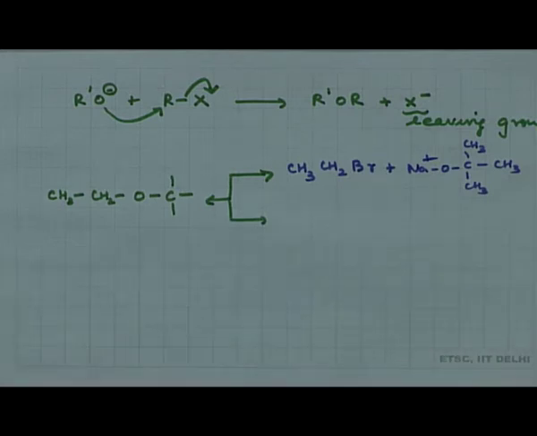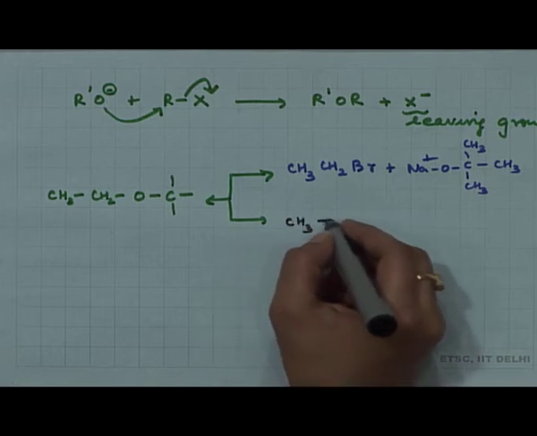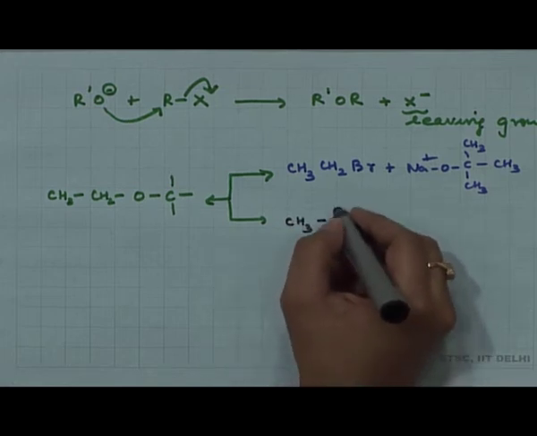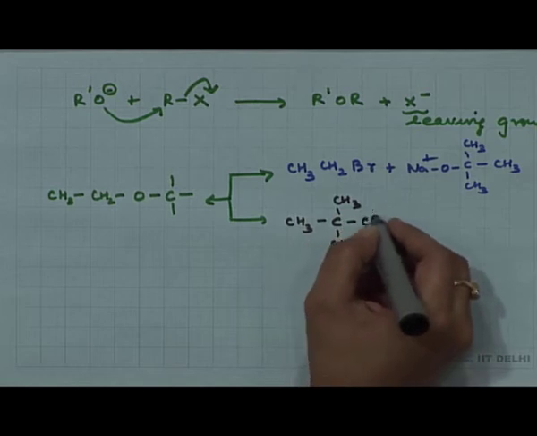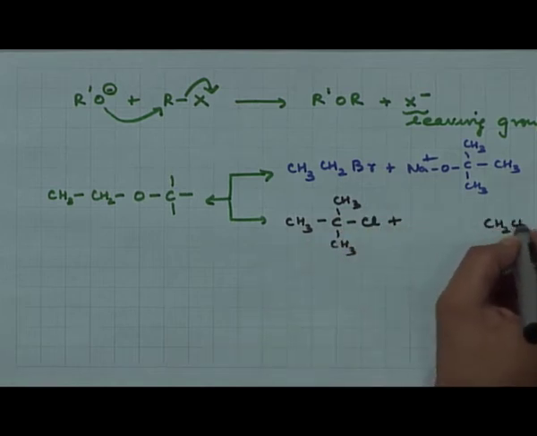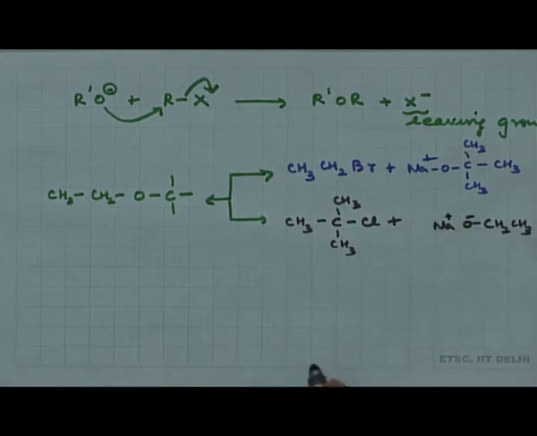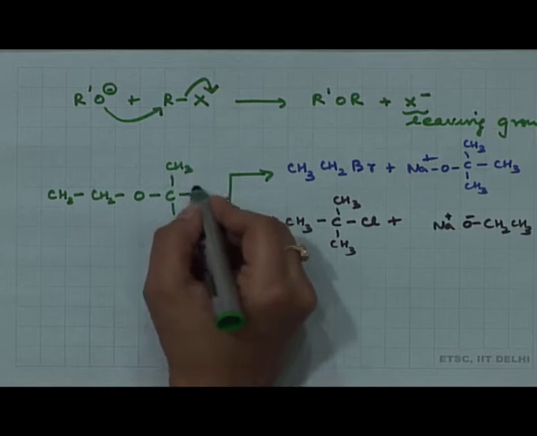The second option could be that we start with the other halide, tertiary butyl chloride, and treat it with the sodium salt of ethanol, in this case sodium ethoxide. So, the question is which of the two is the correct approach towards making this molecule.